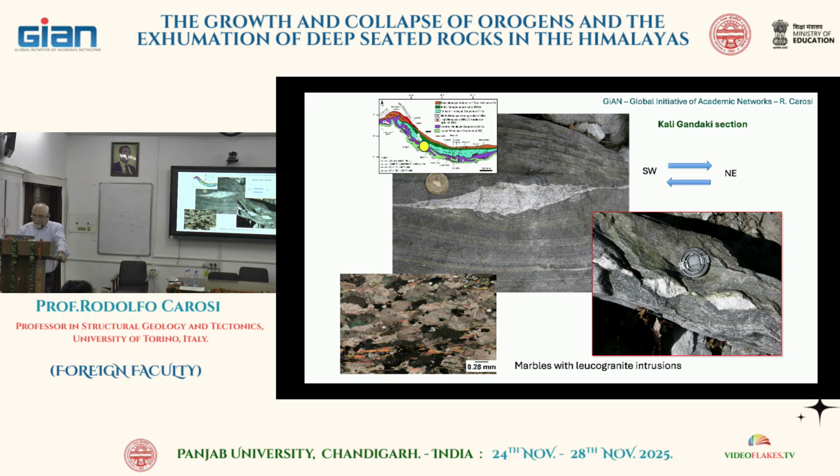Here we are more or less in the marble of the Kaligandaki Valley. There is a strong recrystallization of the calcite crystals with more or less grain boundary migration. There is an intrusion of leucogranites. The leucogranites are sometimes stretched and show boudins or show what is called a flanking fold. You can see here this fold above, this fold below.